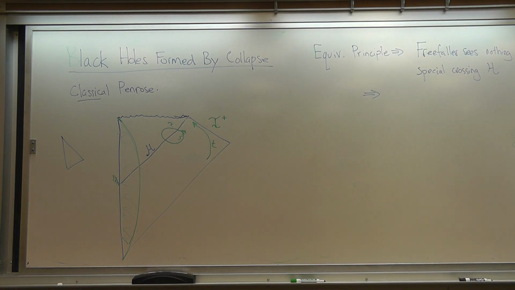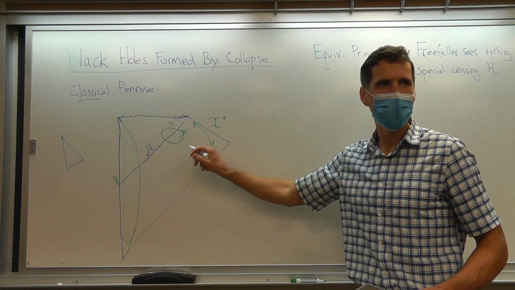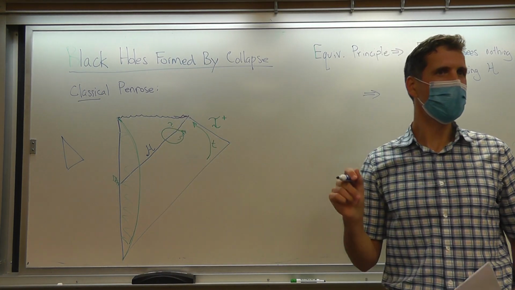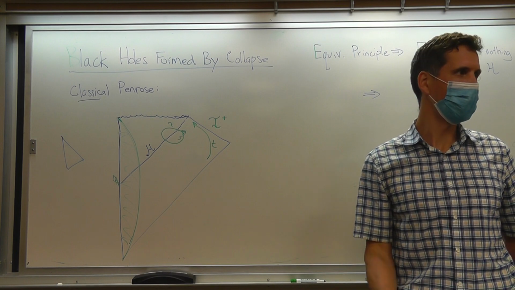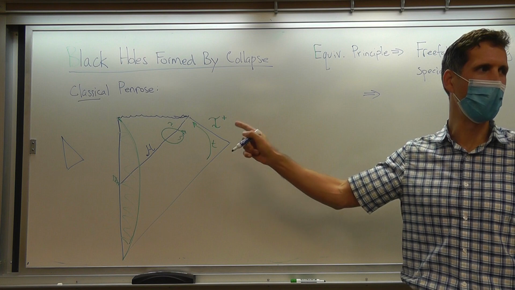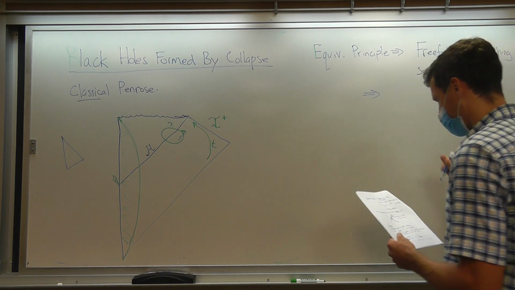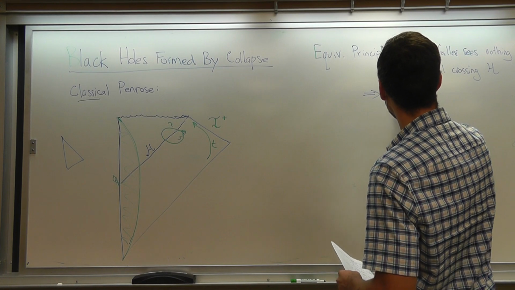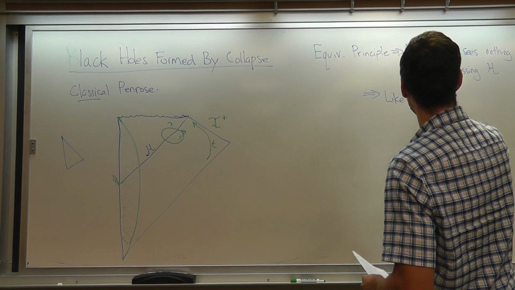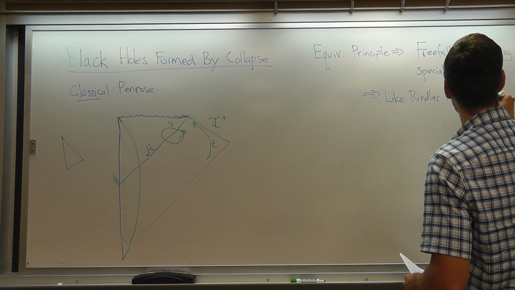And that means that the state of the quantum fields at this point on the diagram is exactly the same state of the quantum fields we had at that same spot on the eternal Schwarzschild diagram. It means this is like a Rindler horizon or the eternal black hole.